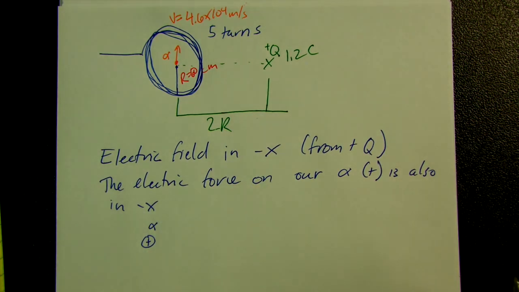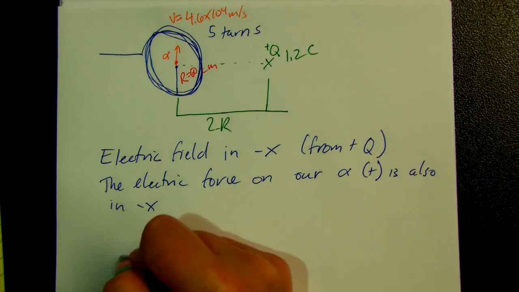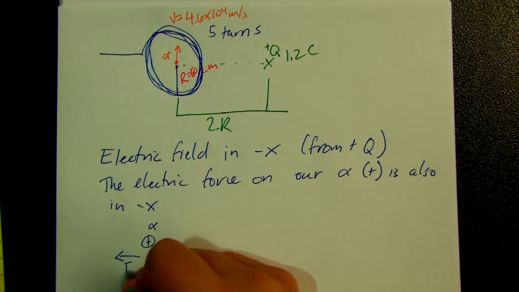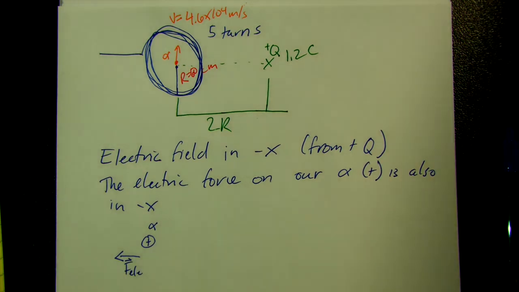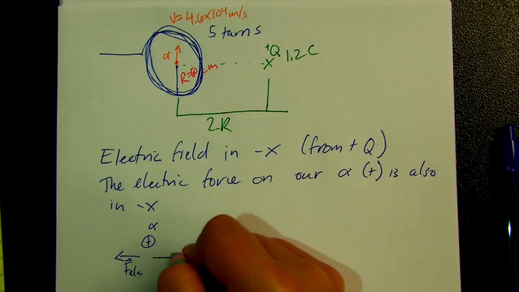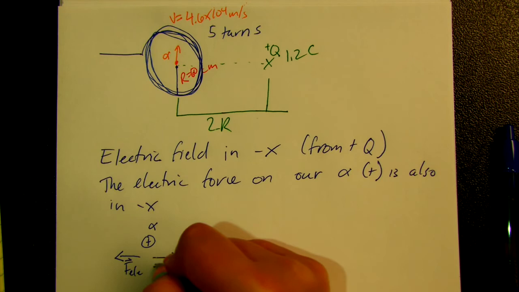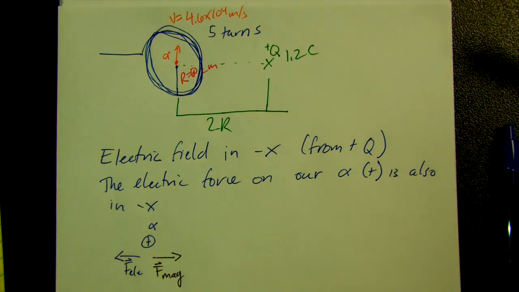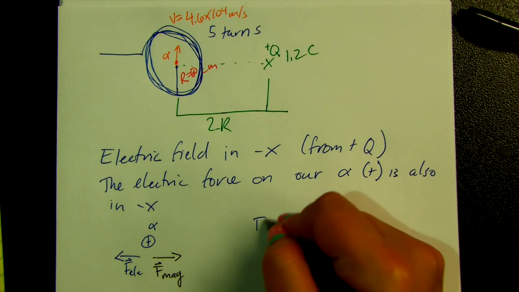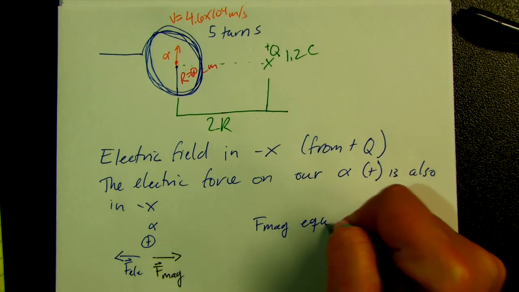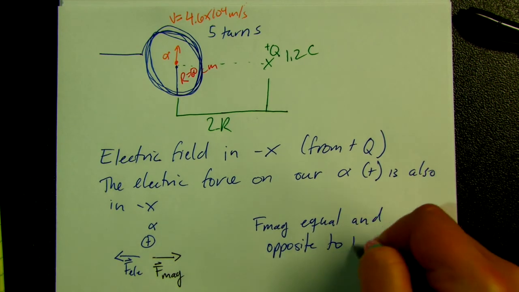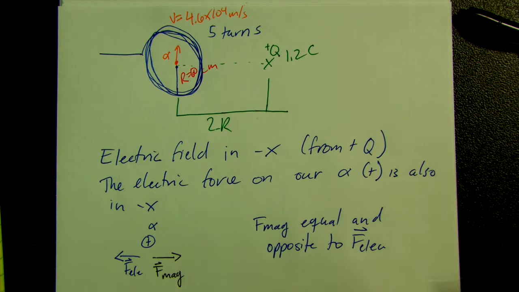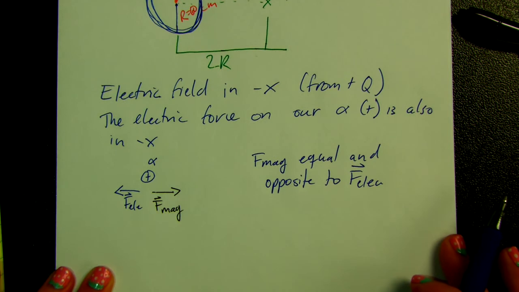All right, so we've got our alpha particle. We know what direction the electric force is in, and so we also know that our magnetic force must be equal and opposite based on the setup. So it's going in the opposite direction here. Okay, so let's keep going along with this.